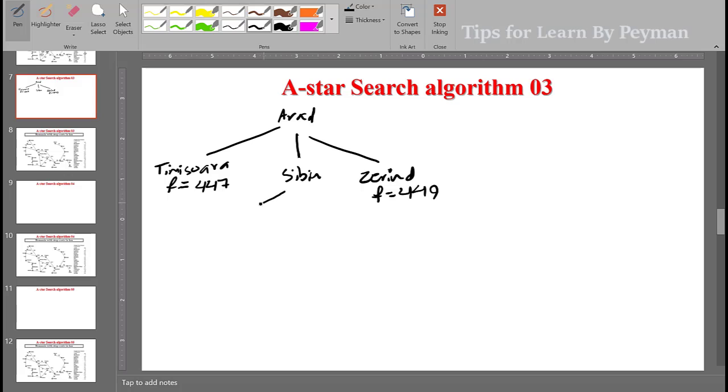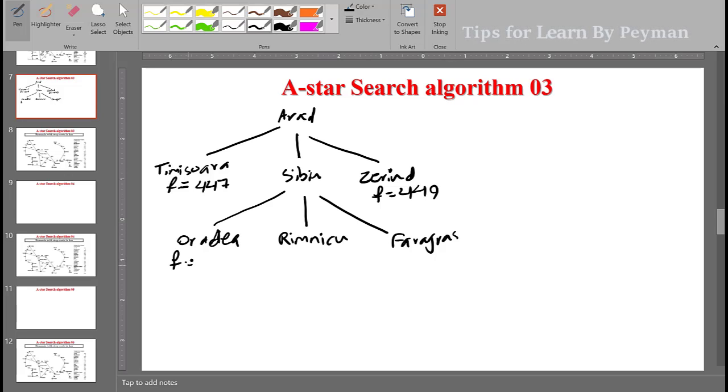I open CBU like this. I open Orada here, and I open Rimiju, and here I open the Faragras. Let me write the F values of them.